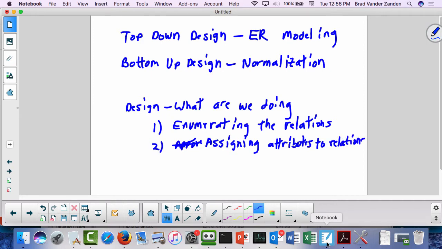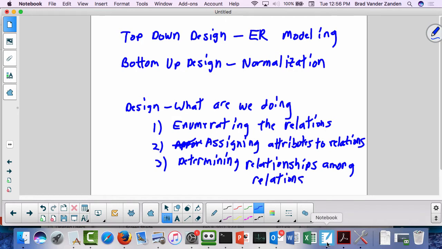And the third thing we're doing is establishing or determining relationships among relations.